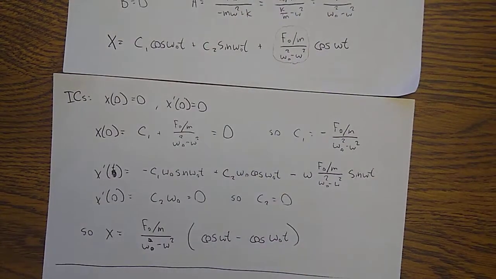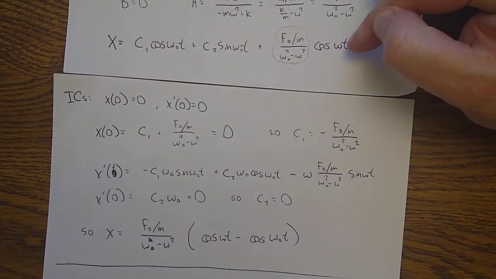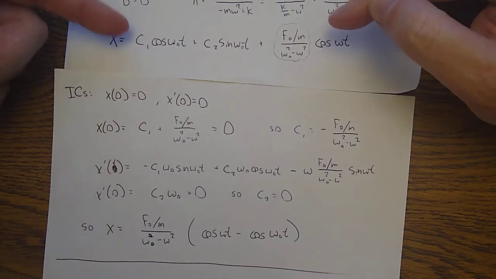X prime of 0 should also be 0. If I do x prime, I should get this, right? Yeah. And then if I put in 0 for t, sine of 0 is 0, so this goes away. This stays, so C2 omega naught, and then this goes away.